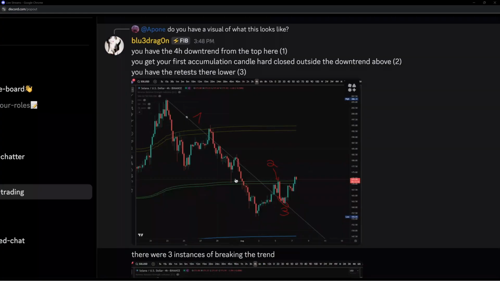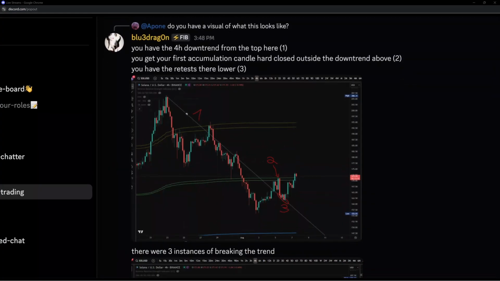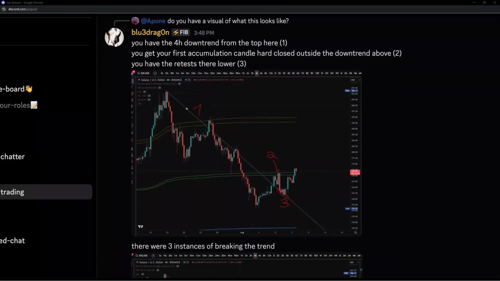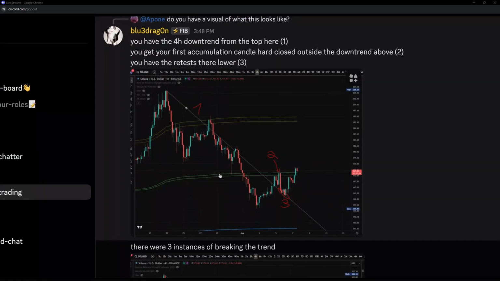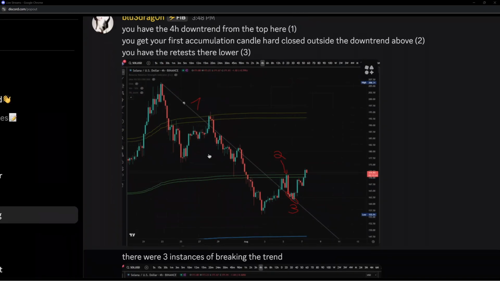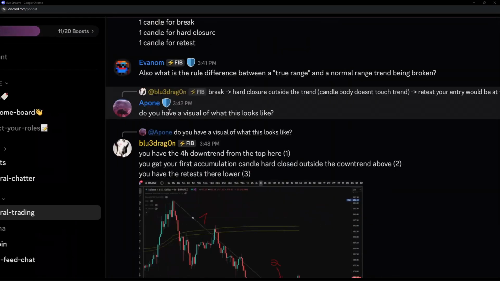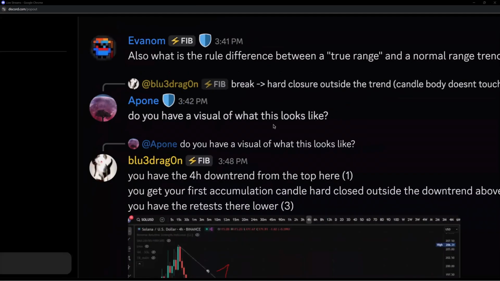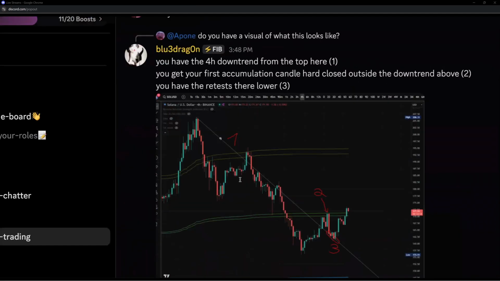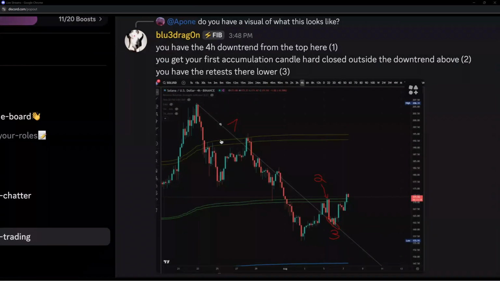Okay. So Blue, this was the post you're talking about, right? Yeah, exactly. Would you mind talking us through this one? Yeah. So Pawn was basically asking how it visually looks after we talked before about how the basic principle goes. It's an answer and a question also.